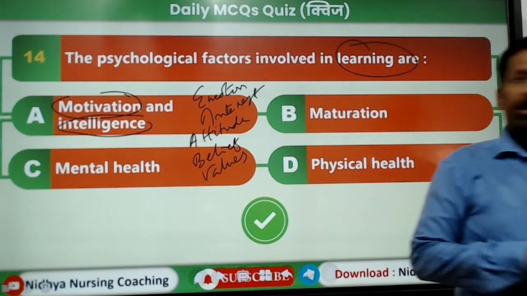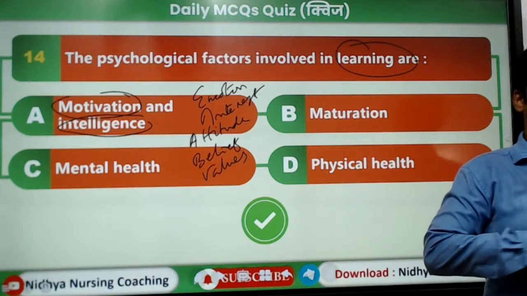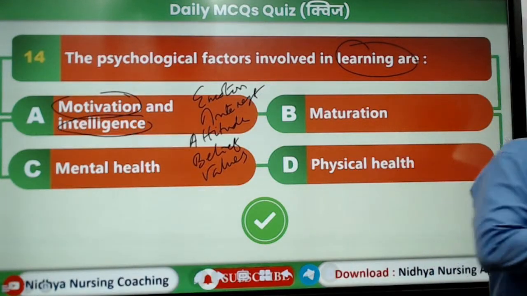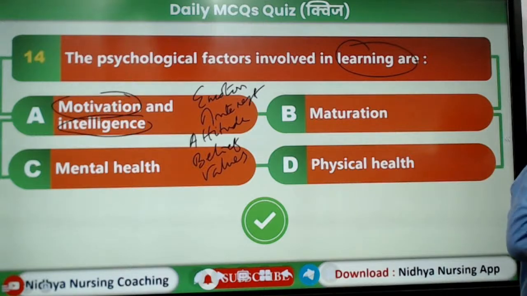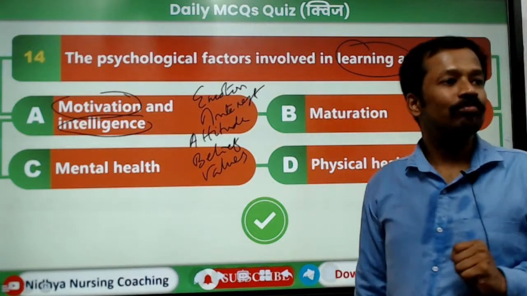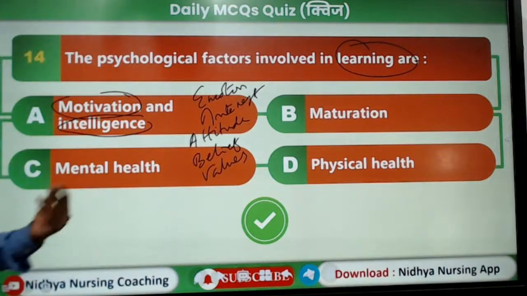So, the psychological factors involved in learning are, which is it? Yeah, very good.